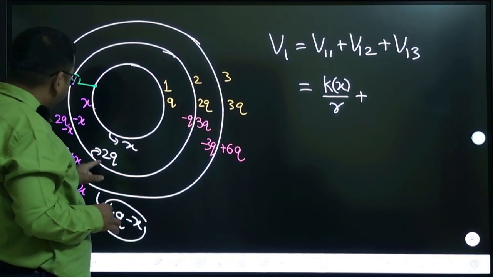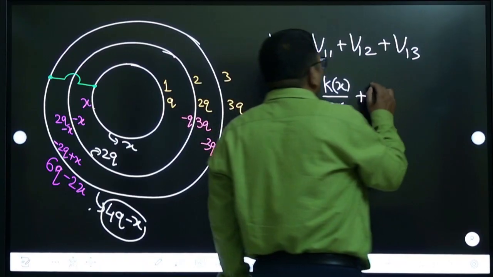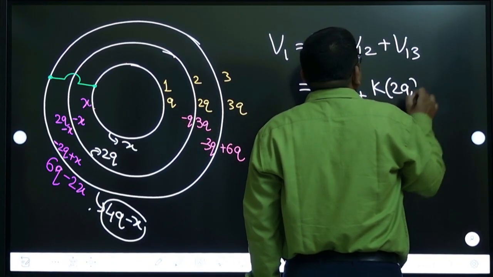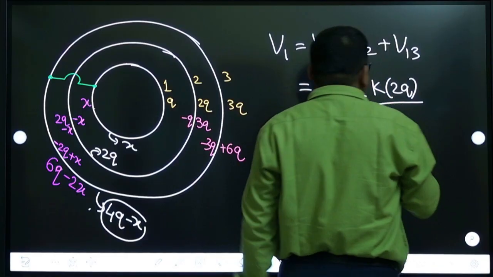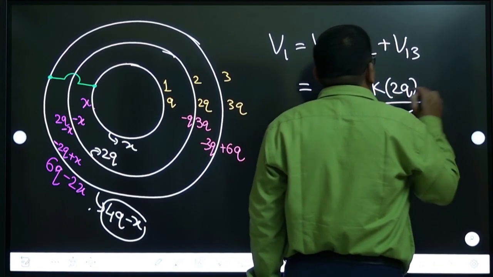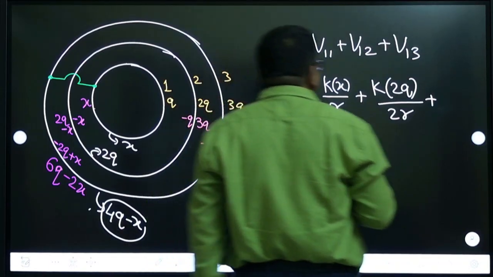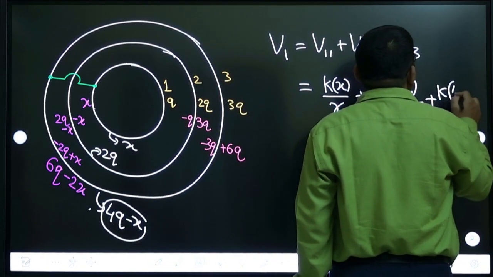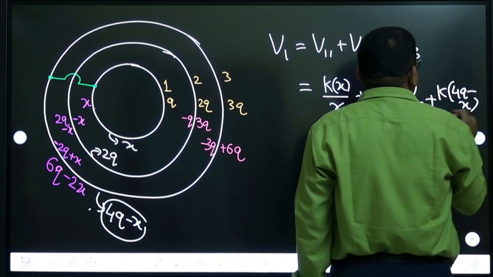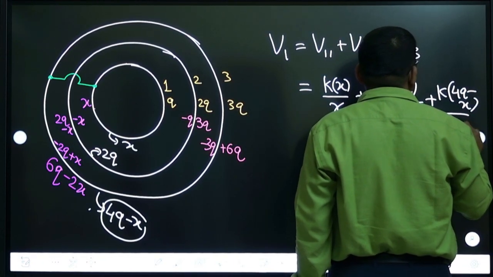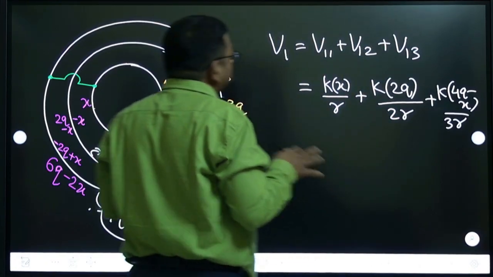Here how much charge is? 2q charge is there. So k into 2q divided by this radius 2r, plus what is the charge on this? 4q minus x. So k into 4q minus x divided by radius, which will be 3r. Okay, this is potential of 1.